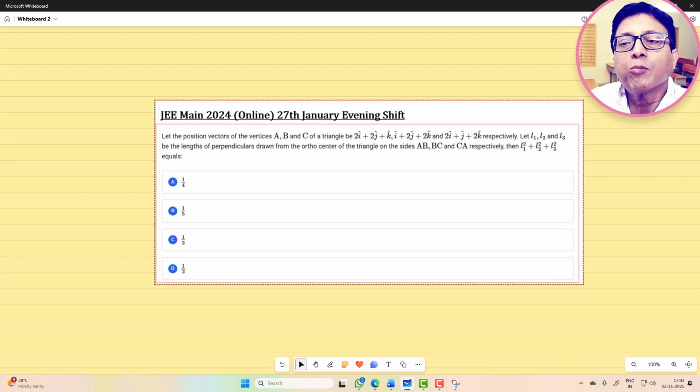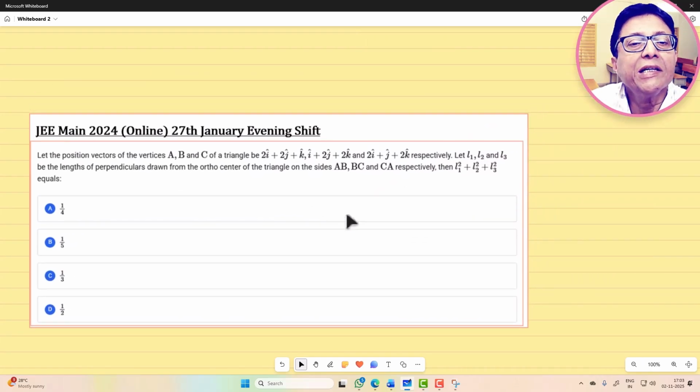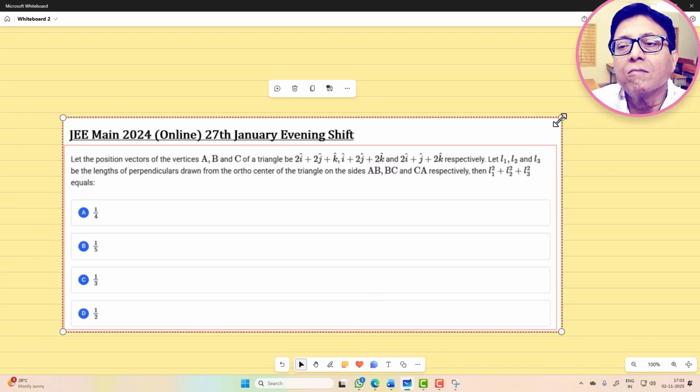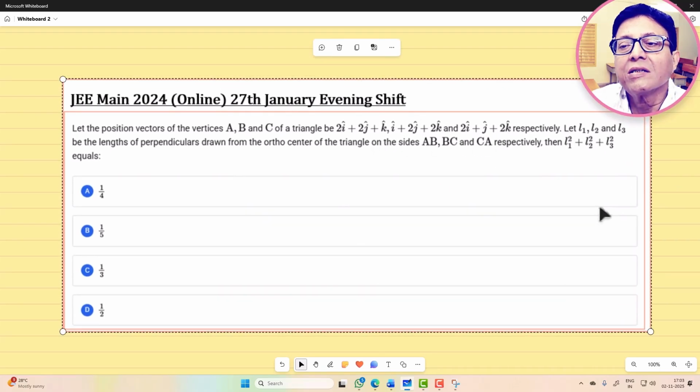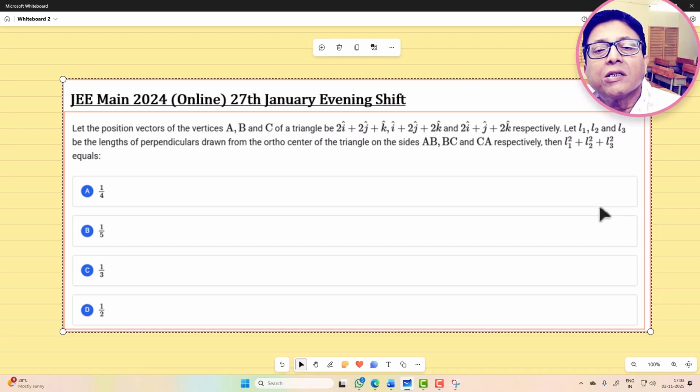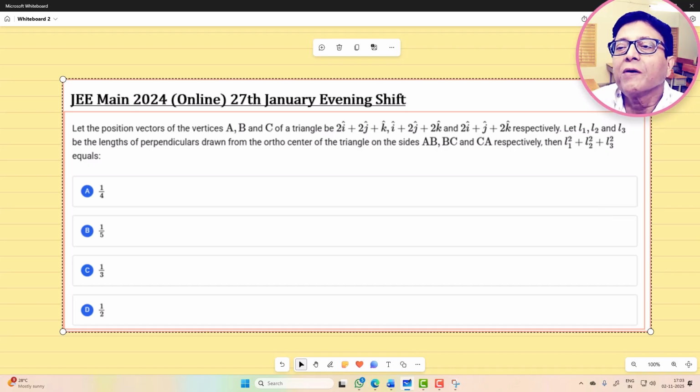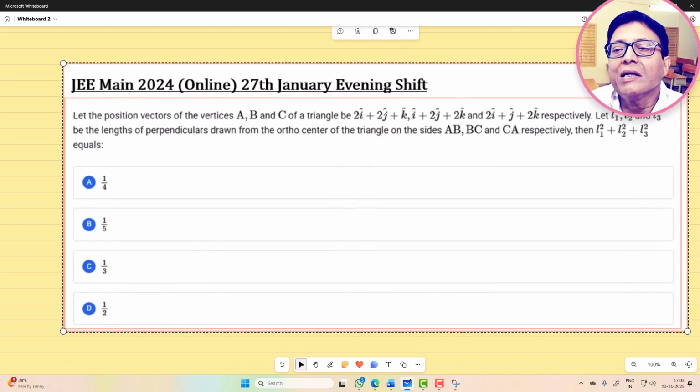Let the position vectors of the triangle ABC be known here. L1, L2, L3 be the lengths of perpendiculars drawn from the orthocenter of the triangle on sides AB, BC and CA respectively. Then you have to find L1 square, L2 square, L3 square.